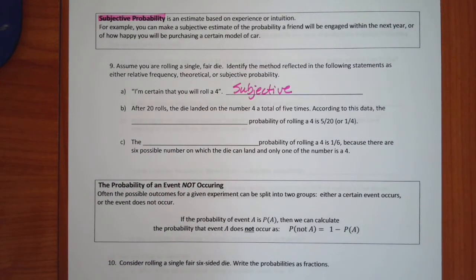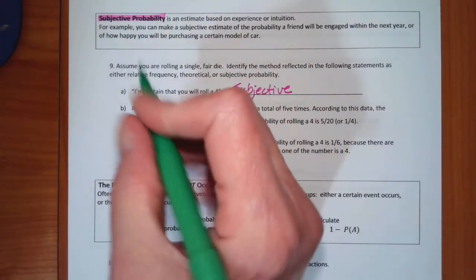After 20 rolls, the die lands on the number 4 a total of 5 times. According to this data, what kind of probability of rolling a 4 is 5 out of 20 or 1/4? Okay, well, it's based on this data, and that means it is a relative frequency.